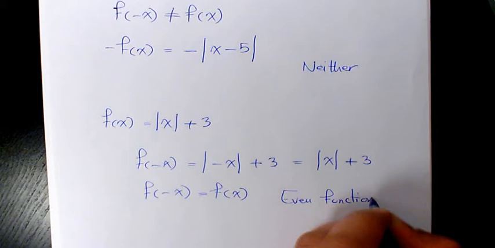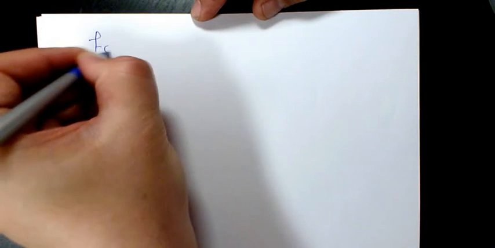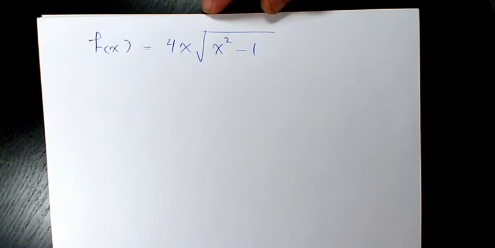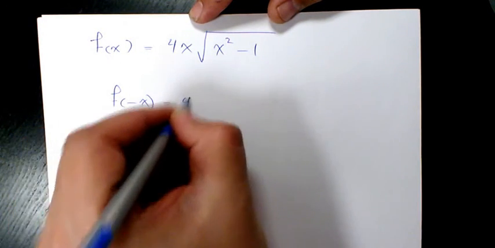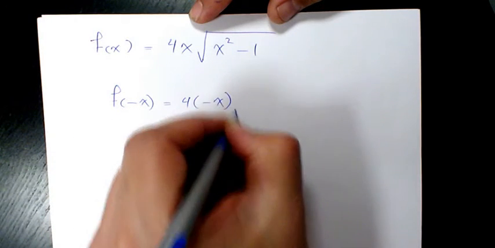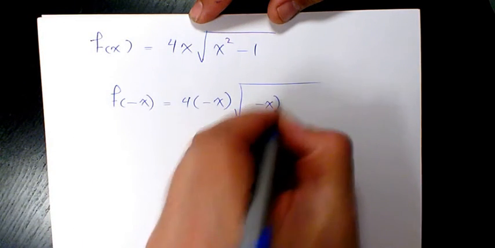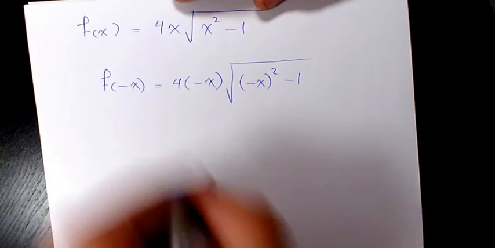Next example, f of x equals 4x times the square root of x squared minus 1. And here we have f of negative x, that's going to be 4 times negative x times the square root of negative x to the power of 2 minus 1.